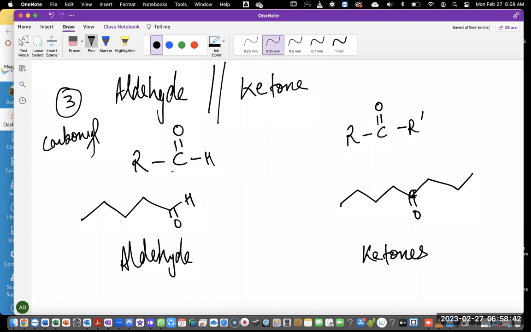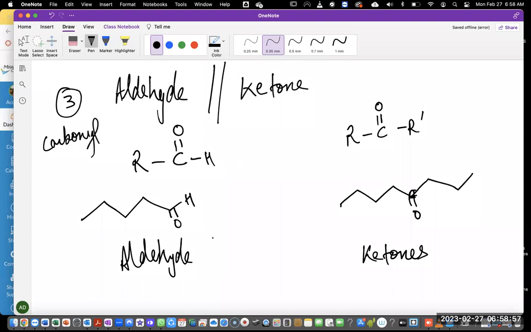But for an aldehyde, you have a carbonyl, C double bond O. It has a carbon on one side, but then it has hydrogen on the other side. And of course, whenever you have hydrogen, that means that's the end of the molecule. There are going to be no more carbons here, right?